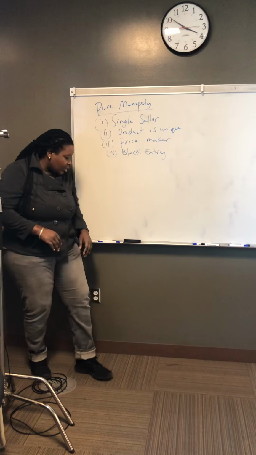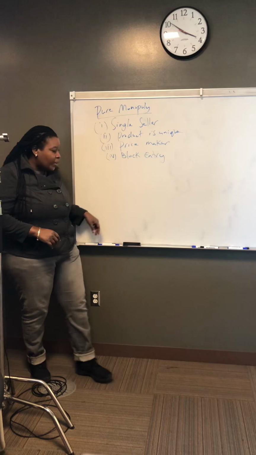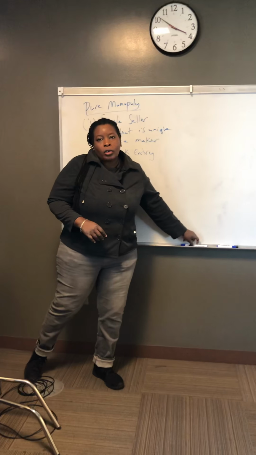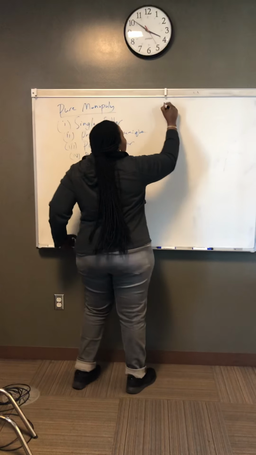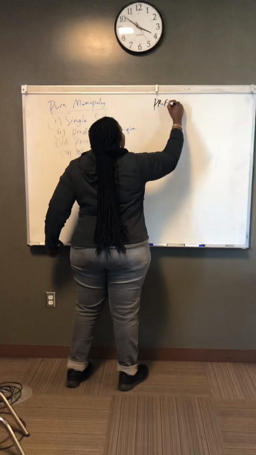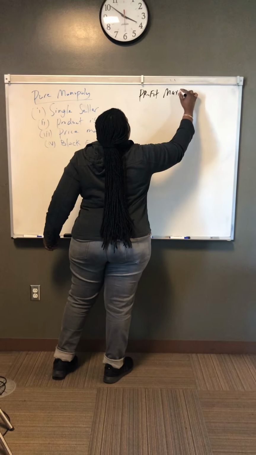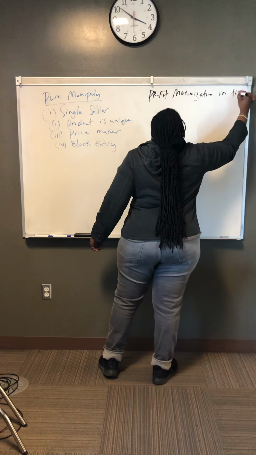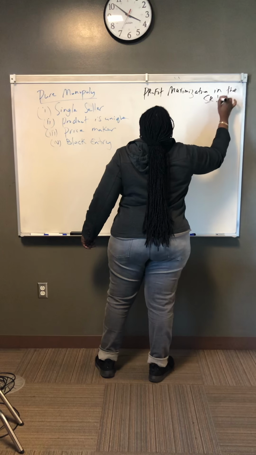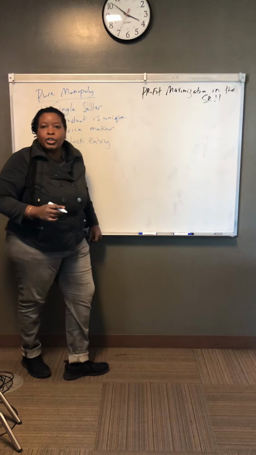And what I want to show is the monopolists in the short run actually making losses. So I'm going to look specifically at profit maximization in the short run. So SR is short run.